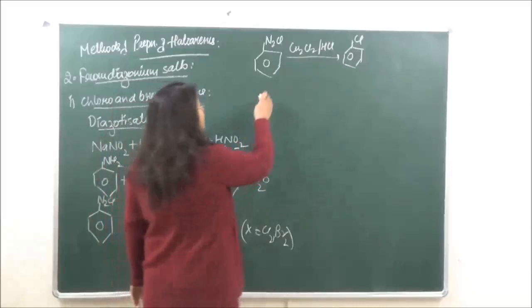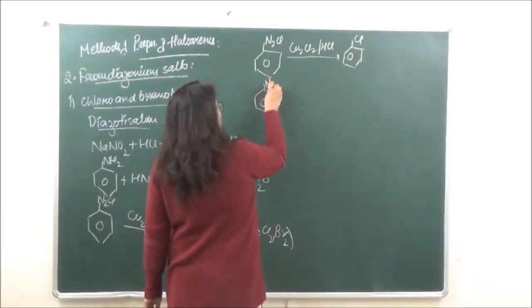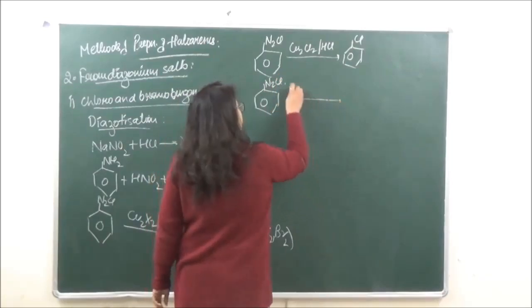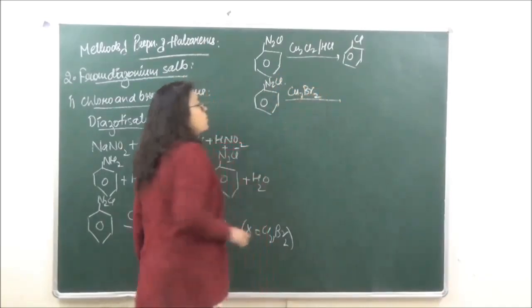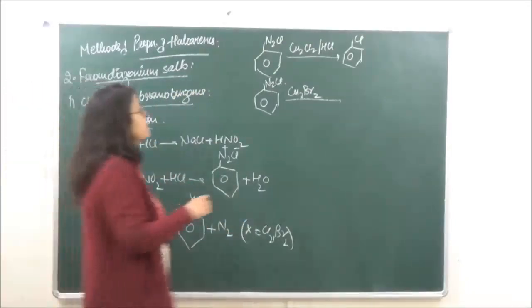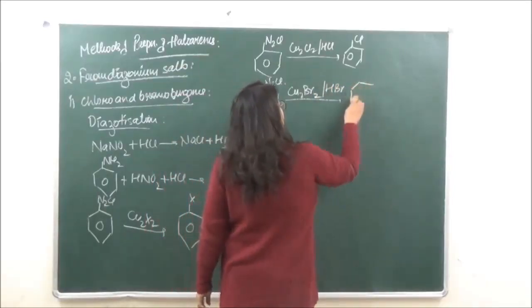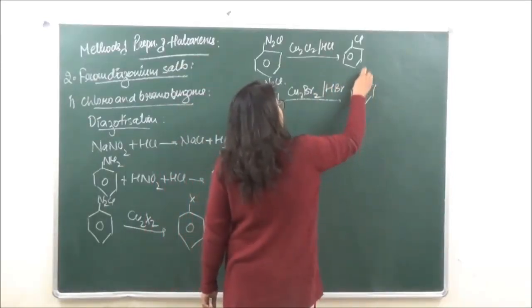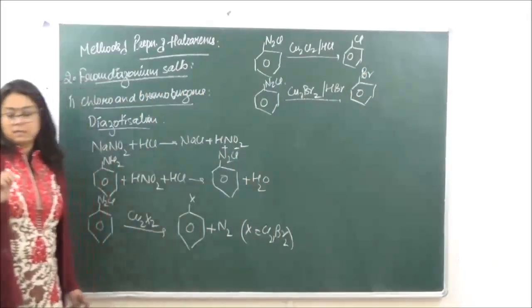Similarly, if we take benzene diazonium chloride, N2Cl, and react it with Cu2Br2, taking bromine in presence of HBr, this gives us bromobenzene.